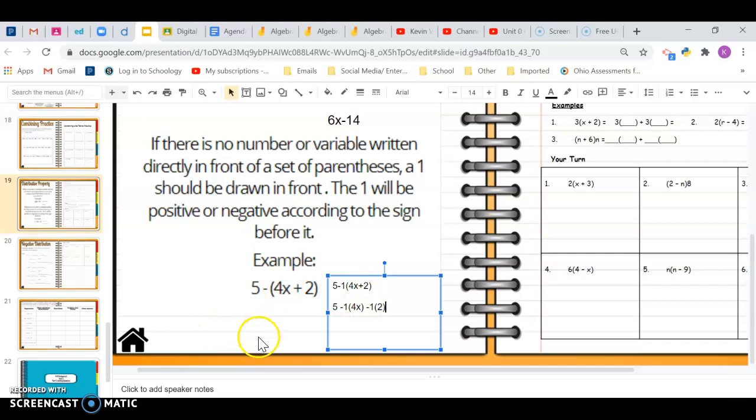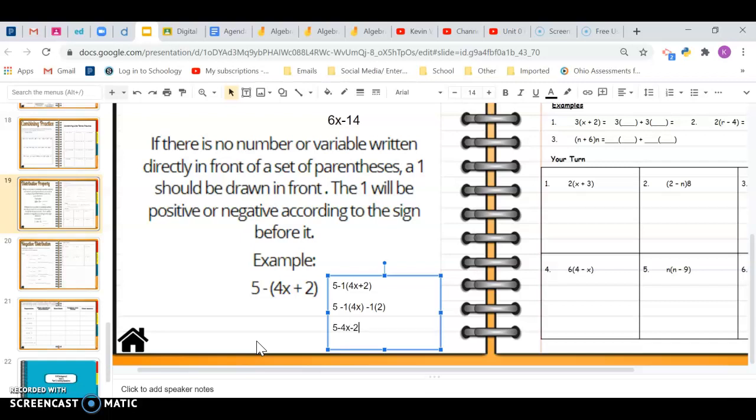So because of that, that's going to change around the signs for some things. So just like before, 5 is the only thing that stays the same because nothing's happening to the 5. If I have negative 1 times 4x, that'll make this a negative 4x. And then if I have negative 1 times 2, that'll make it a negative 2.